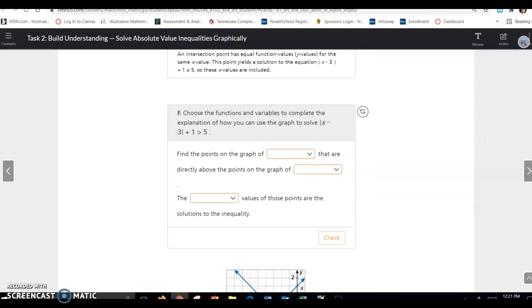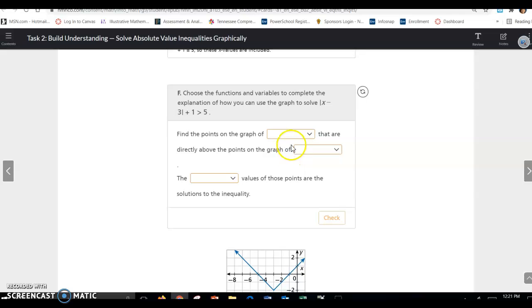They're included. All right, choose the functions and variables to complete the explanation of how you can use the graph to solve absolute value of x minus 3 plus 1 greater than 5. All right, find the points on the graph of f of x that are directly above the points on the graph of g of x.